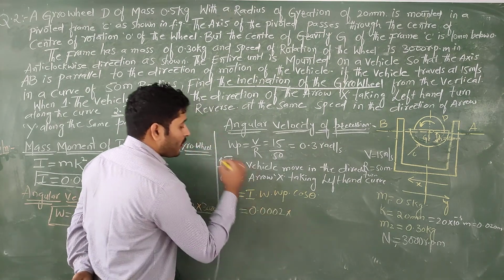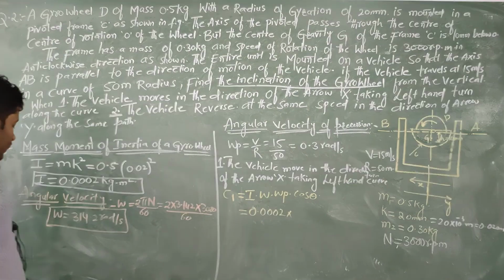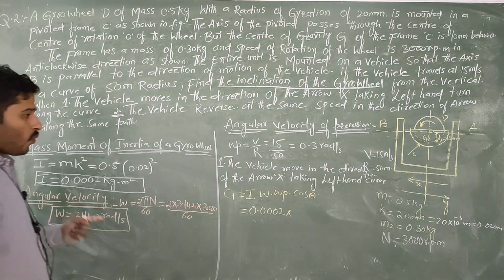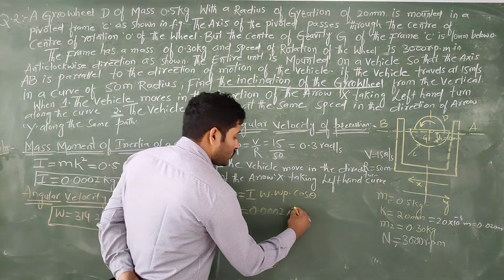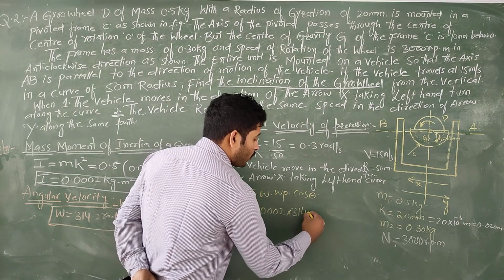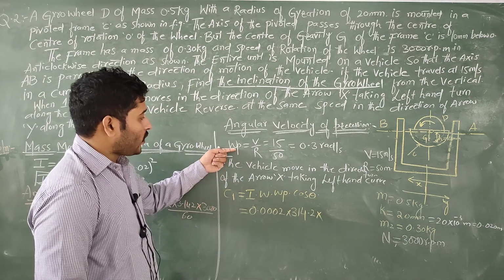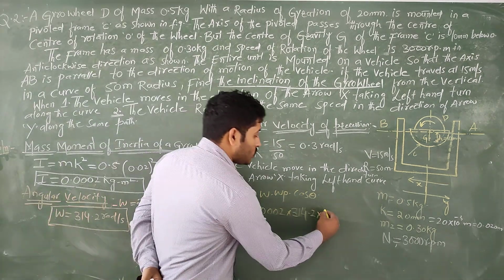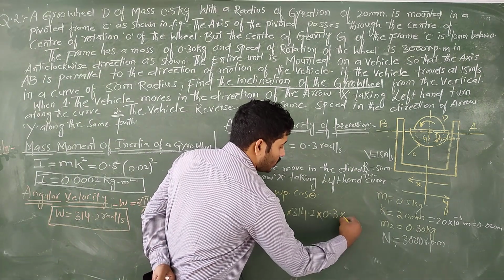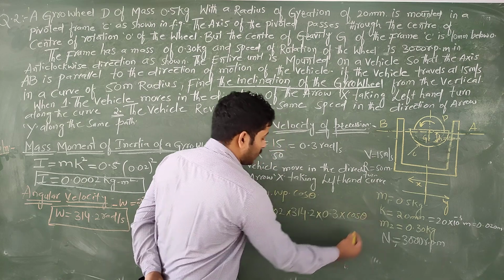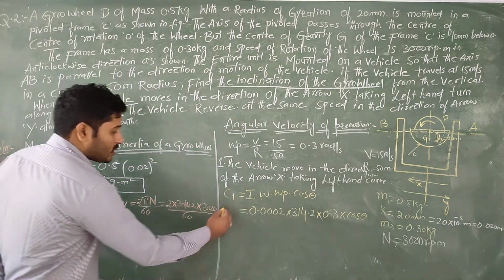The omega, the angular velocity, is given as 314.2 radian per second, and the omega p value is v by r, which we got as 0.3, into cos theta. That is the value of C1.